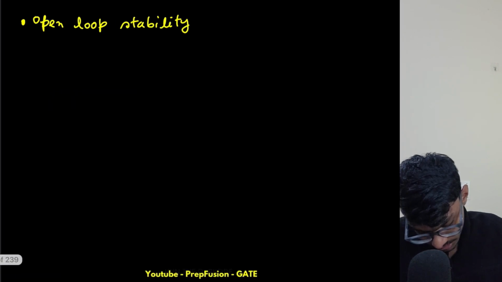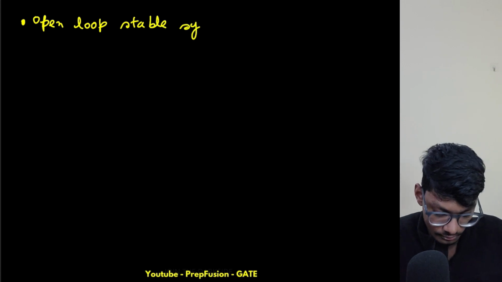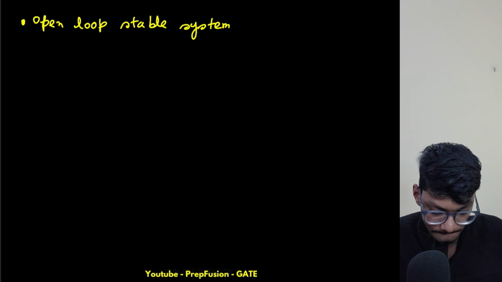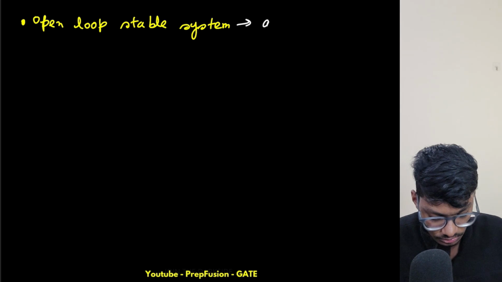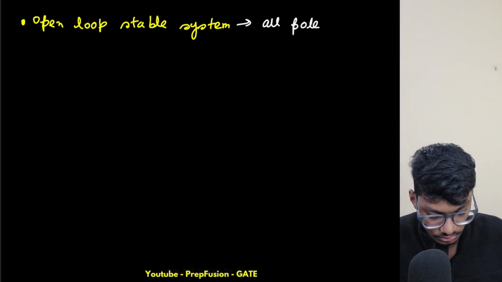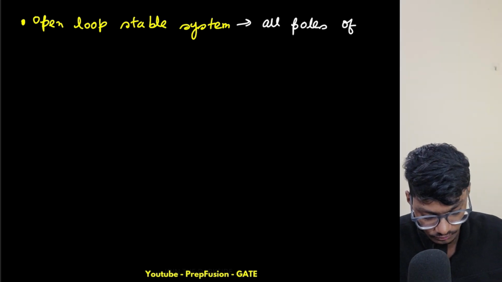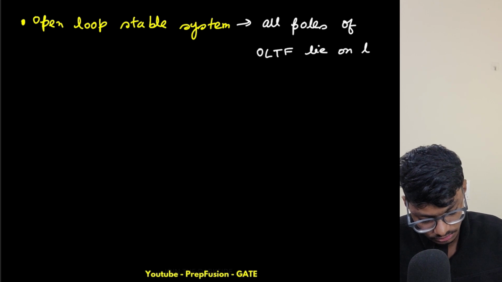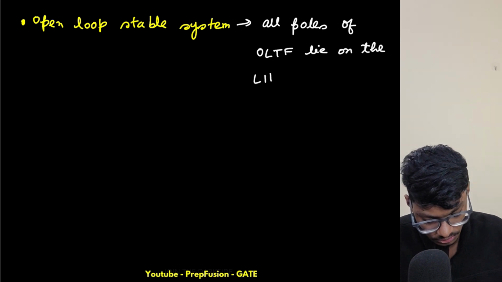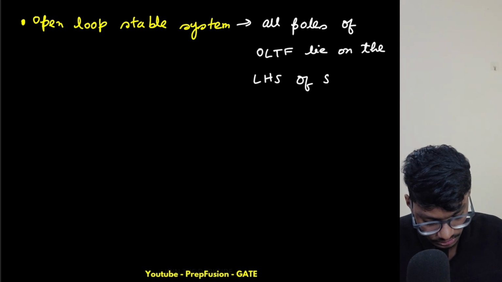An open loop stable system basically means that all poles of the OLTF lie on the left hand side of the S plane. This is what basically this means.